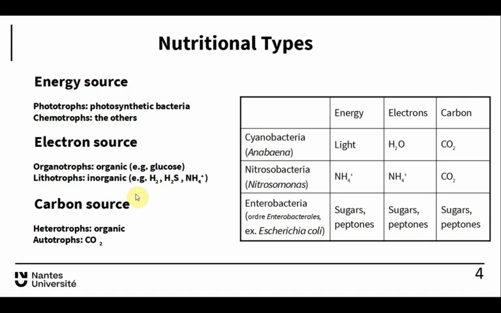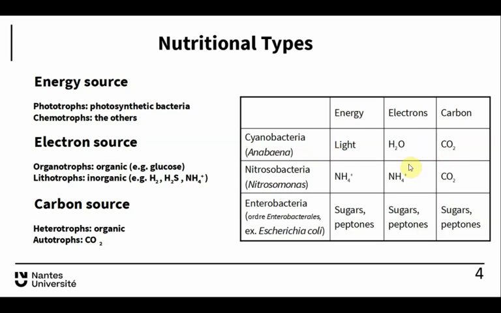So if you want to fully describe the nutritional type of a bacterium, you need a word that has all three of these terms in it, okay? So for example, cyanobacteria, like Anabaena, are photolithoautotrophs.